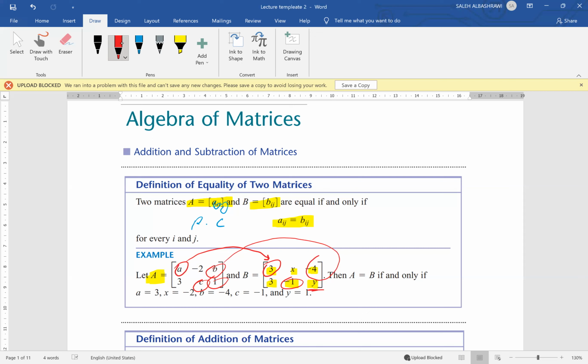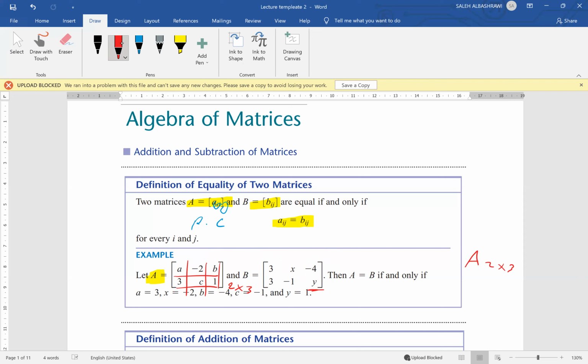And also, we have to think about the two matrices. They must have the same size. If we look at the matrix A, the size of the matrix A, we have 2 rows and 3 columns. So the size is 2 multiplied by 3. I can write A of 2 rows and 3 columns.